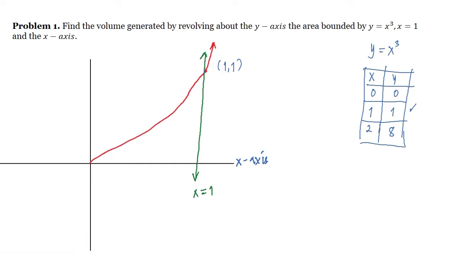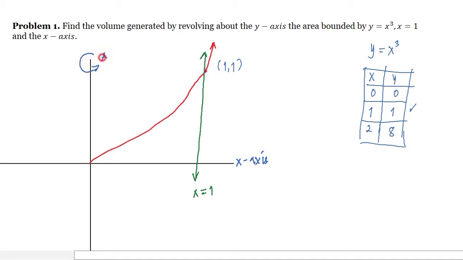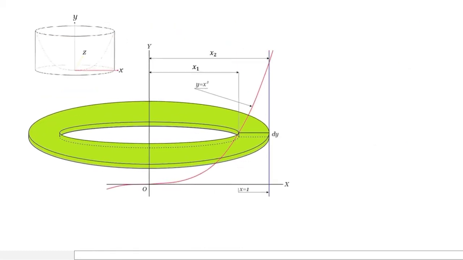Okay, so if our axis of revolution is the y-axis, ang mangyayari, kukuha tayo dito ng rectangular strip wherein siya yung papaikutin natin dito sa ating y-axis.